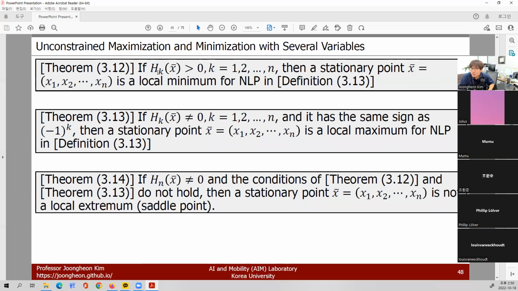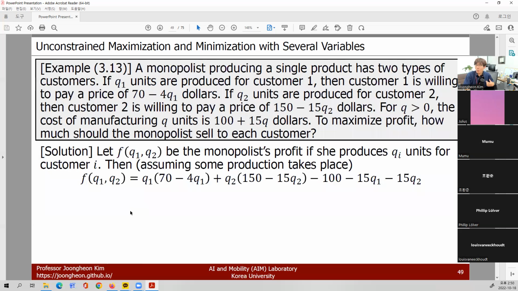But you have sub K, this one also has sub K, and this one also has sub N. That is not the pure Hessian. You take the Hessian at first. When you have sub K, that means that is not a pure principal minor. That means leading principal minor. Then let's talk about that.